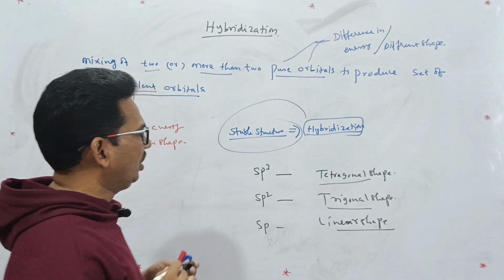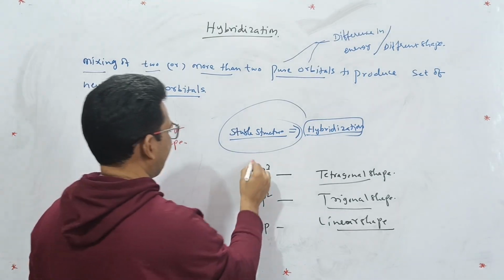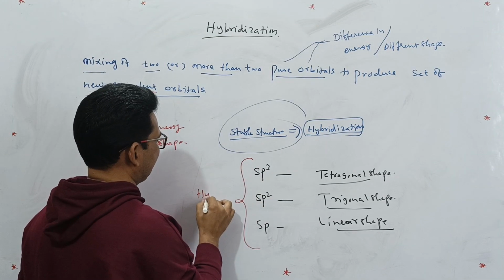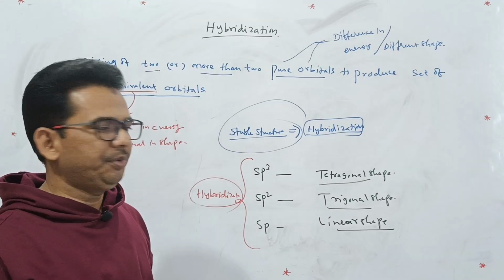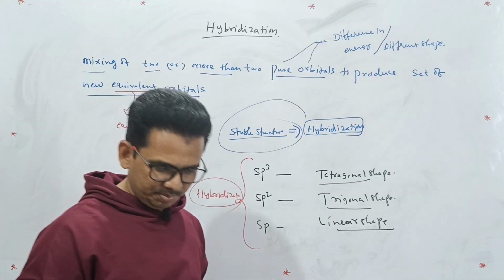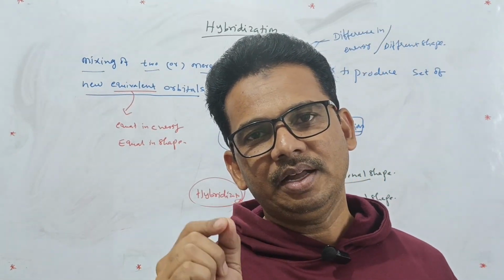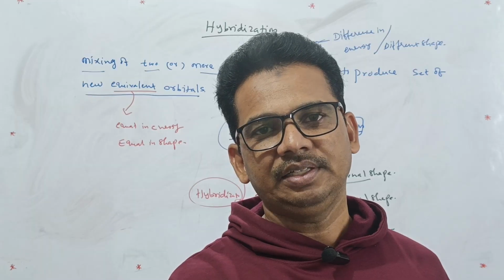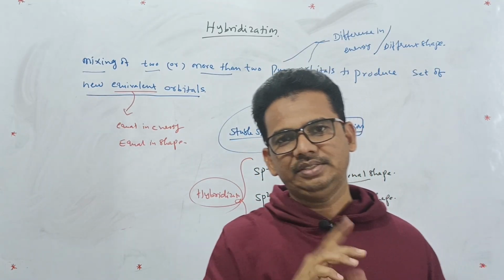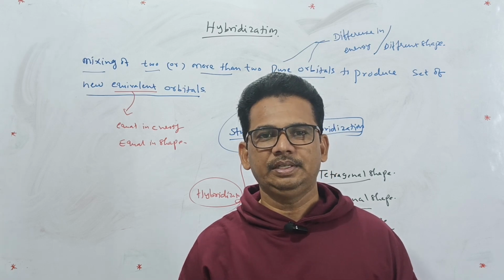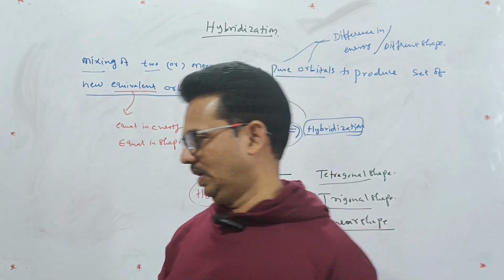The structure or shape of the molecule is only due to what? Hybridization, that is, the type of hybridization. I hope you understand for what purpose we are using hybridization. Only by proper hybridization do we get the perfect structure. Otherwise, it is not going to give it, for any molecule in the world.